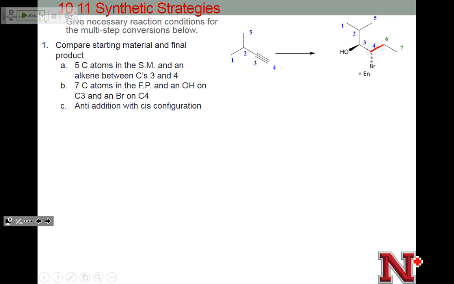The next thing is, the stereochemistry is specified, so we have to consider it. And notice that it is anti-addition, the way that our carbons are drawn, so that must mean in this case we started with a cis double bond. Because remember, our Br2 forms our bromonium ion.